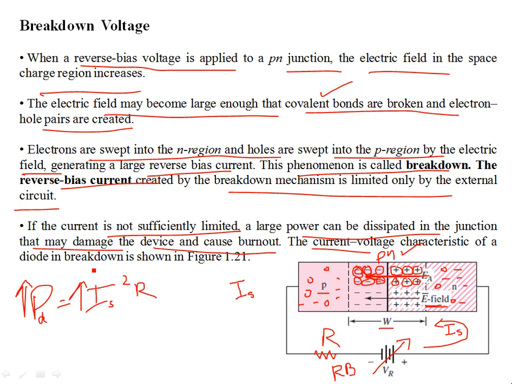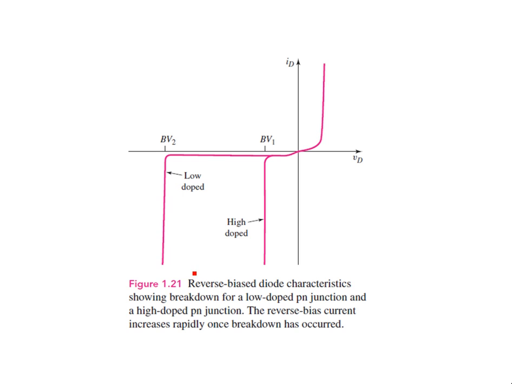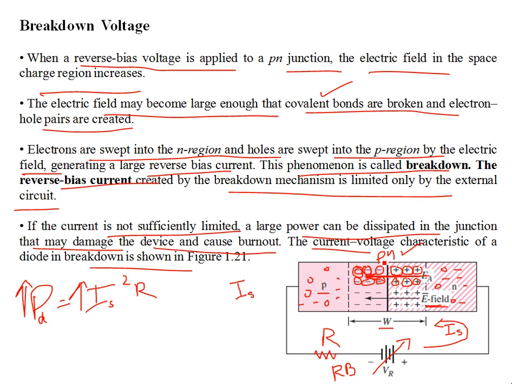Okay, so the current voltage characteristic of a diode breakdown is shown next in 1.21. So you see these regions are the breakdown region in which the reverse saturation current increases exponentially. If you have a highly doped PN diode, like for example in Zener diodes, you have highly doped PN junctions, and you have a very narrow depletion width, which results in a very large electric field because the width is small.